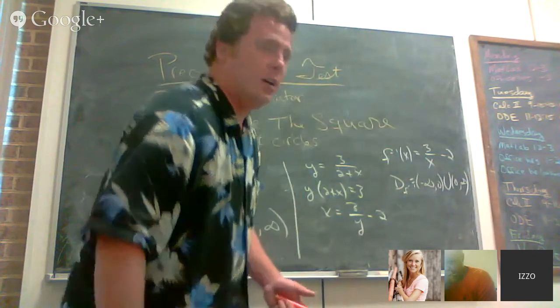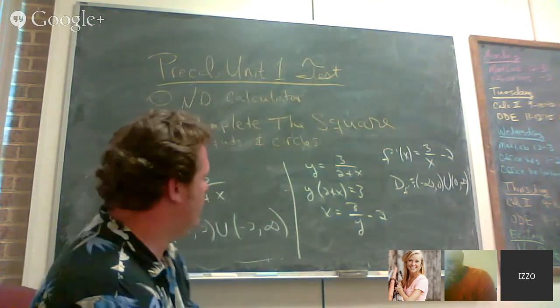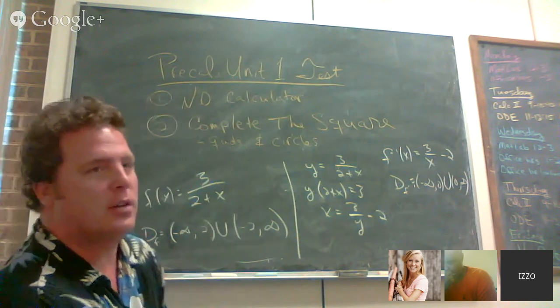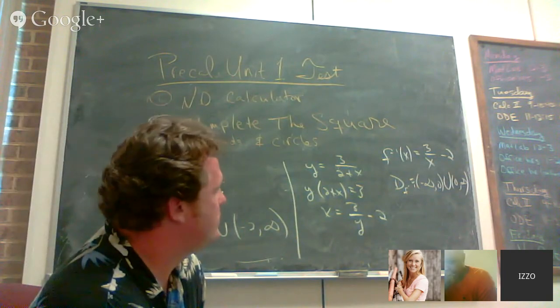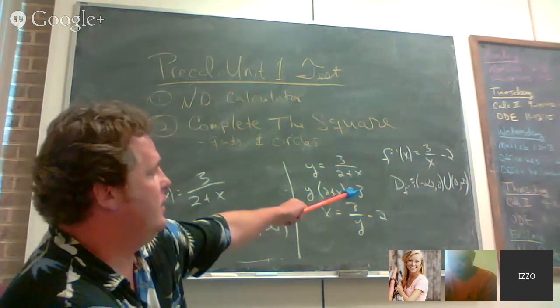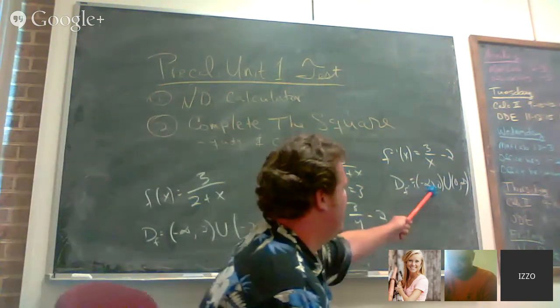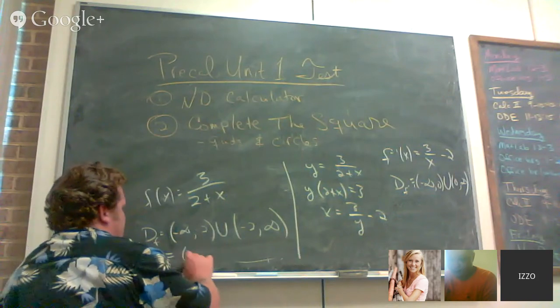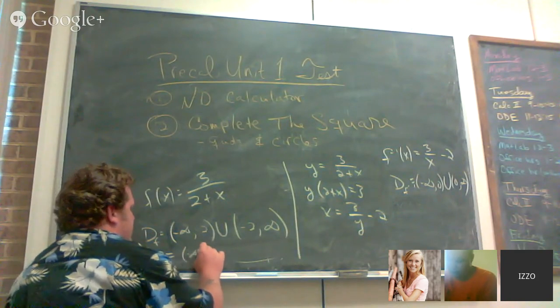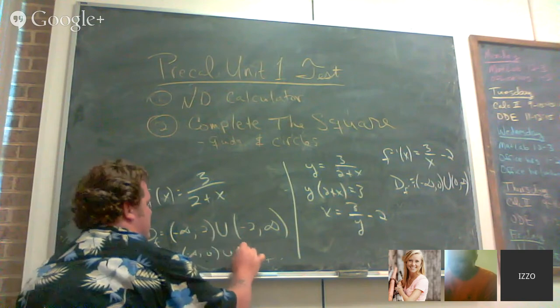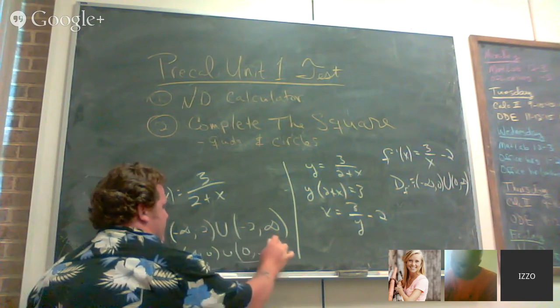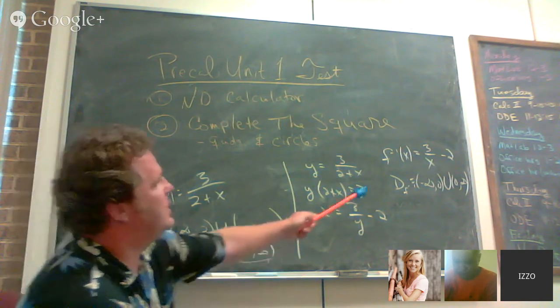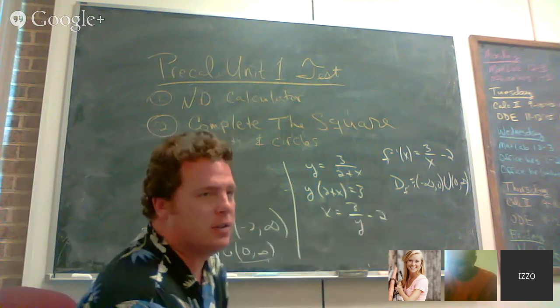Okay? And now that you know that, what's the range of the original function? It is the domain of the inverse. So we know here our range is -infinity to 0, union 0 to infinity. And what is the range of the inverse function?